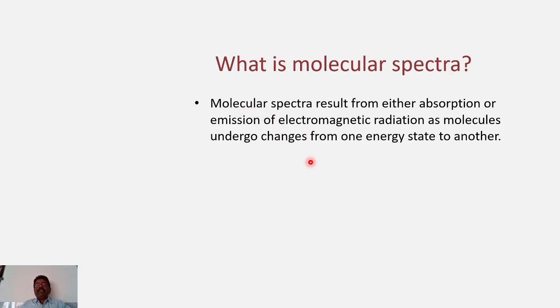Okay, so molecular spectra. Now let us come to the main point. What are molecular spectra? When we say that a molecule has different discrete, allowed energy levels, whenever there is a transition between these energy levels, the energy difference is given out or absorbed in the form of photons, and that forms a set of photons which forms the spectra of the molecule.